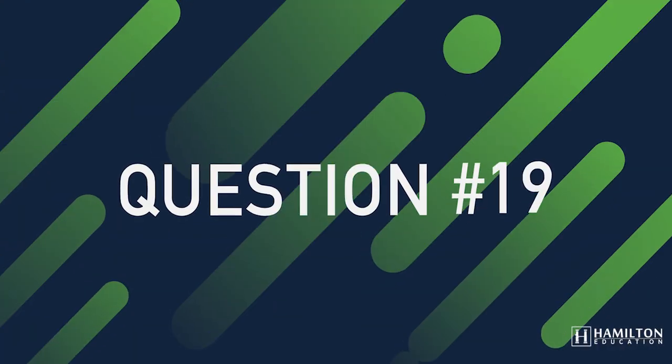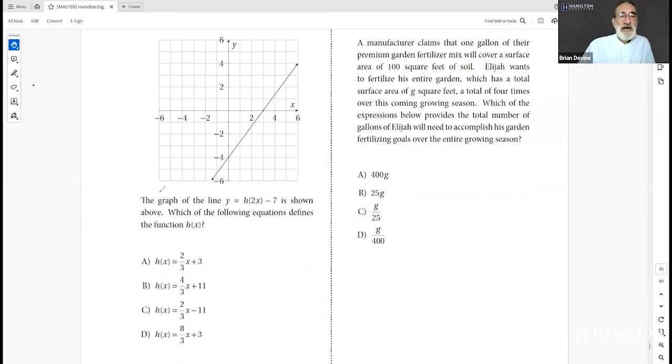In question 19, we're given the graph of a line, y equals h of 2x minus 7. And we want to know which of the following equations defines h of x.